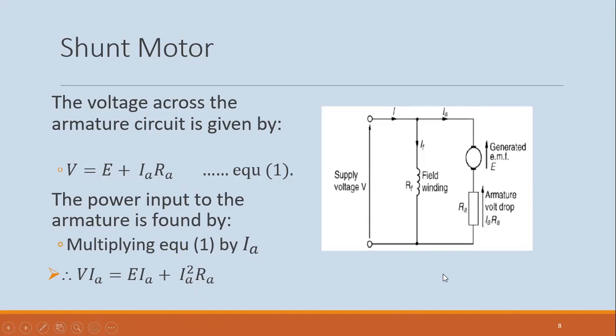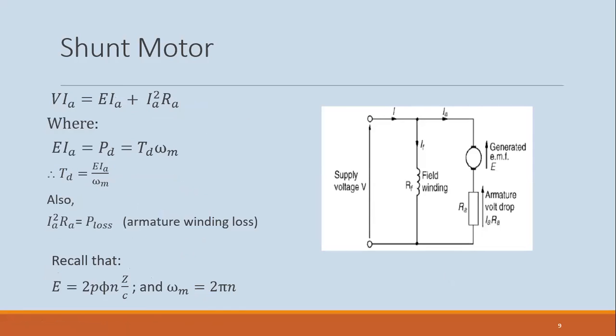Now IA squared RA would be the power loss in the armature winding. E times IA would be the power developed, so that's the mechanical power developed.